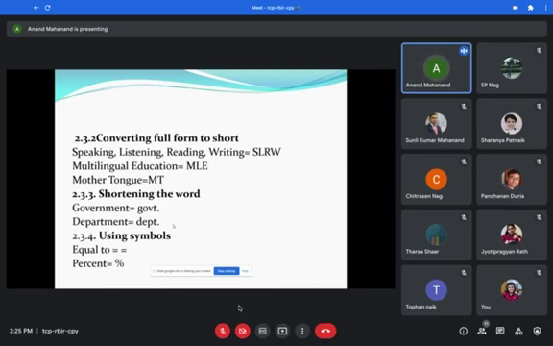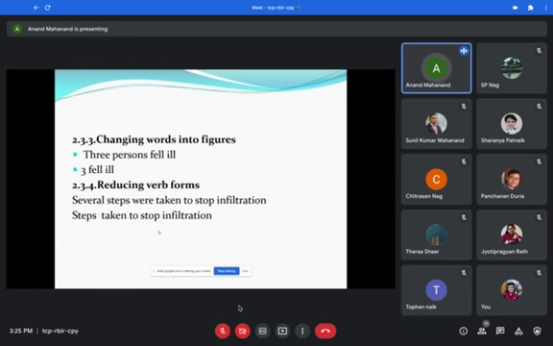Using symbols, you can say equal to, like this. Put the symbol only. Percent symbol. Then greater than, you can put a symbol. Smaller than or lesser than, you can put a symbol. Like these symbols you use. Changing words into figures. You need not write the whole phrase, whole sentence.